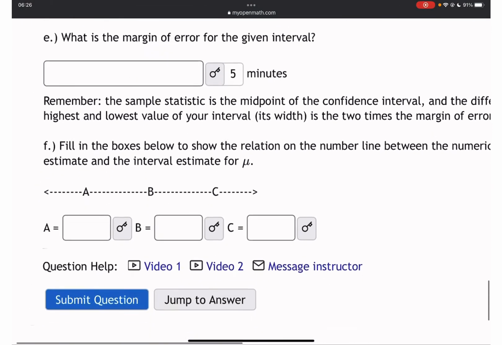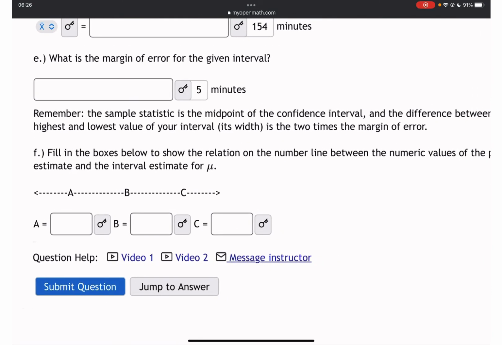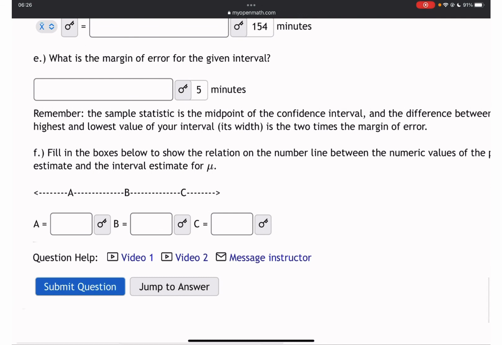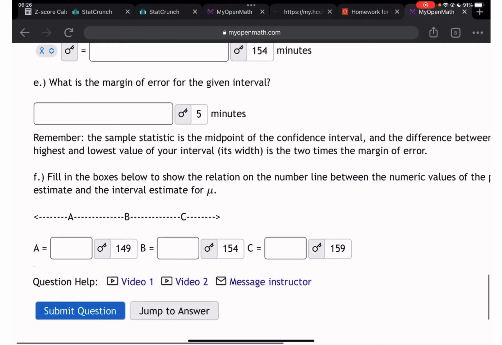So we solved this one also, and now to fill out the boxes, the relationship on the number line between the numeric values and the point estimate. A is going to be the lower boundary, B is going to be the point estimate, and C is going to be the upper boundary. So A is going to be 149, then B is 154, and C is going to be 159. Okay, I'm done.